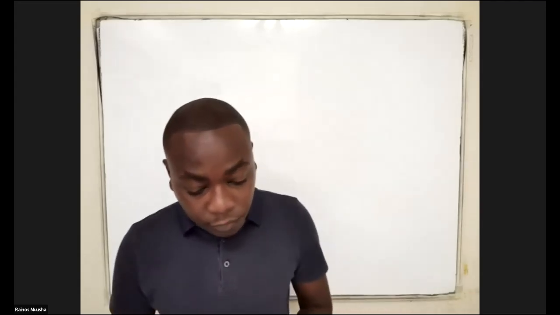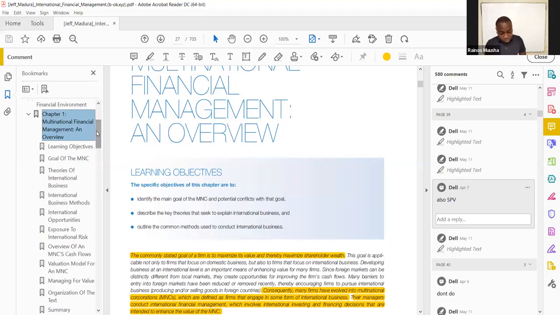So for our curriculum, I'll give you a rundown of the chapters that we're going to be looking at. The first chapter is chapter 1, which looks at international financial management, an overview.